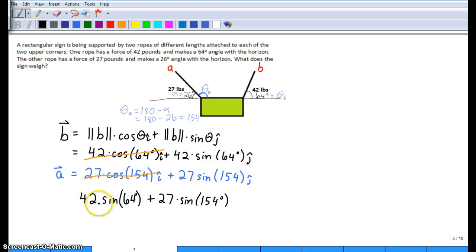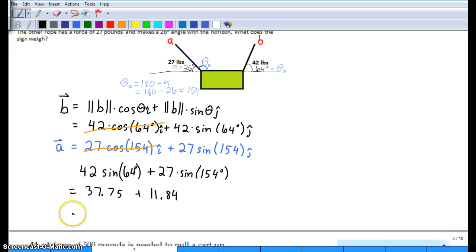If we run that in our calculator, that gives us 37.75 plus 11.84, which is about 49.59 pounds.